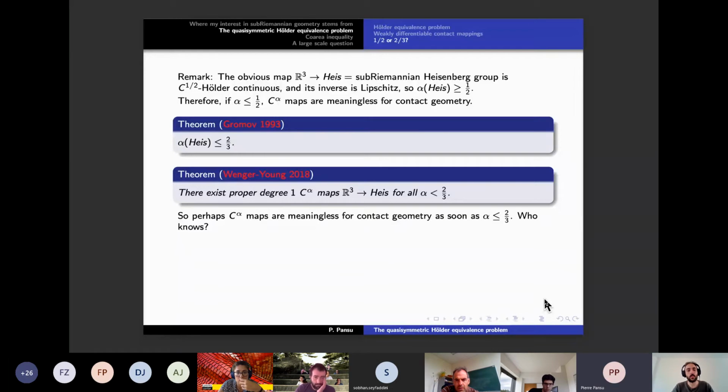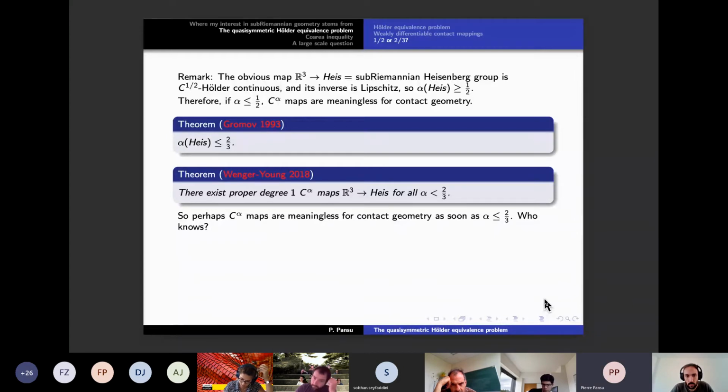But now, Gromov's question: what is the optimal Hölder exponent between Euclidean 3-space and the Heisenberg group? This can be reformulated as: what is the threshold below which Hölder maps have very little to say about contact geometry? Apparently 2/3 could be such a threshold.